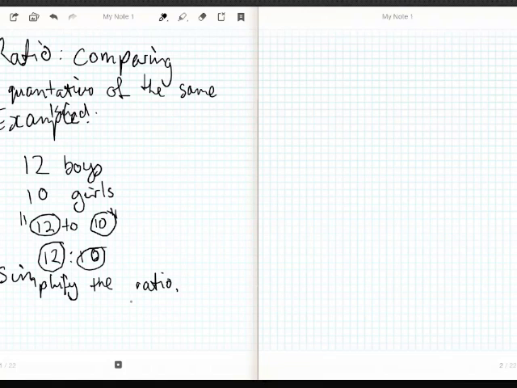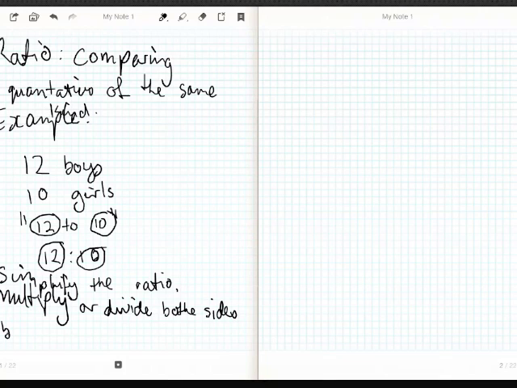Now, to do that, all we need to do is we need to either multiply or divide both sides by the same number. Now, let me just fix this here because there's no E on both.